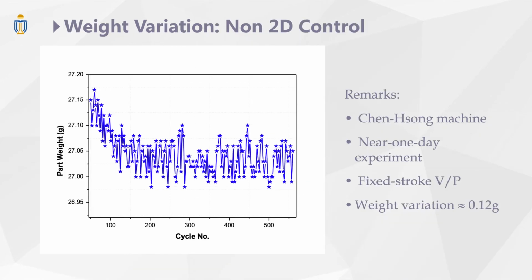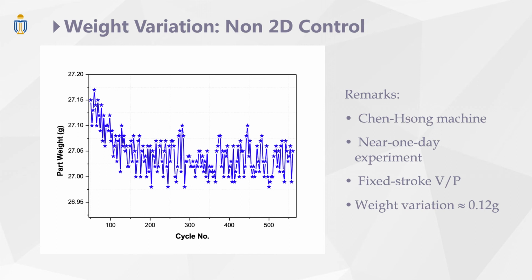Then the question is, if we can control the process variable very well, can this really improve product quality? This is the product weight variation over one day of production. You can see there is some variation after the process enters the steady state.